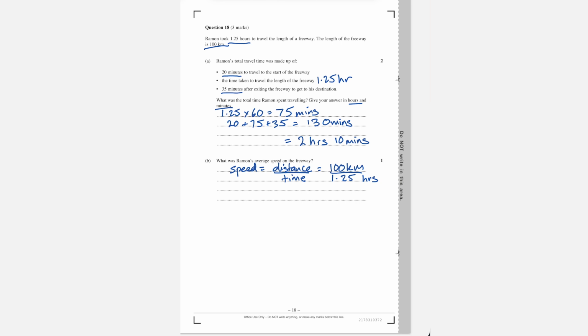Now, generally, in terms of speed, we write that in kilometers per hour. So we have 1.25 hours. We don't have 1 hour. So to convert that to 1, we divide the bottom by 1.25, and we divide the top by 1.25. Whatever we do to the bottom of the fraction, we have to do to the top.